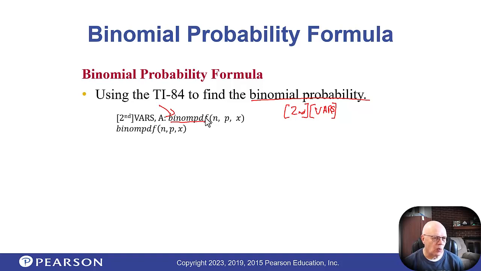What you're going to do is find the probability of a binomial distribution where there are N trials, P probability on each event, and you're interested in getting X results, X successes. And this will give it to you. Once you bring this up, put these three numbers in, hit enter, and you'll get the probability of a success X times.